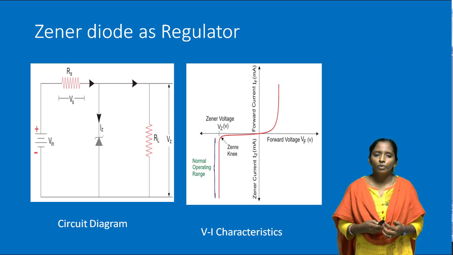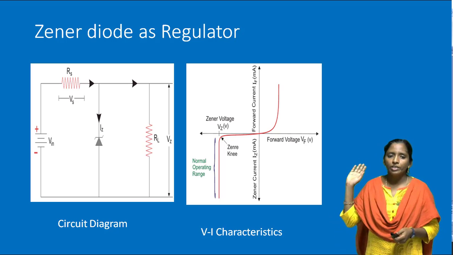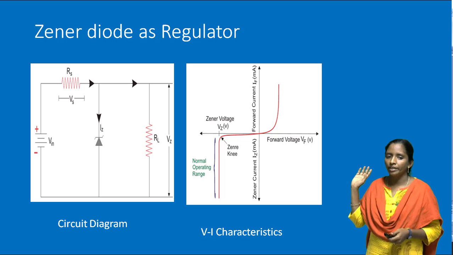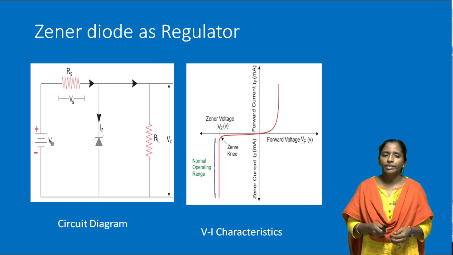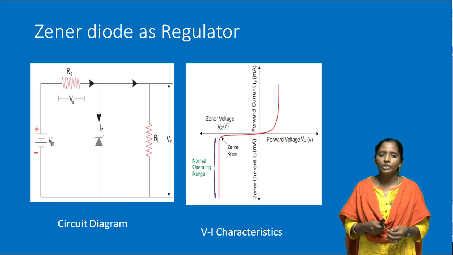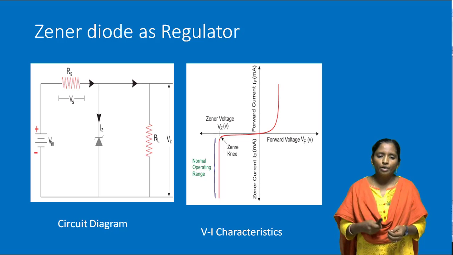Zener diode as a voltage regulator. This is the circuit diagram of the Zener diode as a voltage regulator. Here we take a Zener diode and connect a resistance in series with it. The Zener diode operates in reverse bias. That's why the cathode is connected to the positive terminal of the battery and the anode is connected to the negative terminal of the battery.